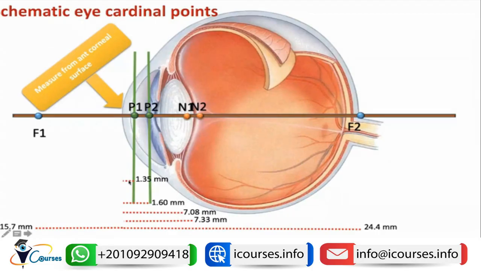This is a schematic eye as drawn by Goldstrand. All measures are taken from the anterior corneal surface. P1 is located about 1.35 millimeters in the aqueous, and P2, the second principal point, is located 1.6 millimeters, again inside the aqueous. The N1 and the N2 are straddling the posterior corneal surface.